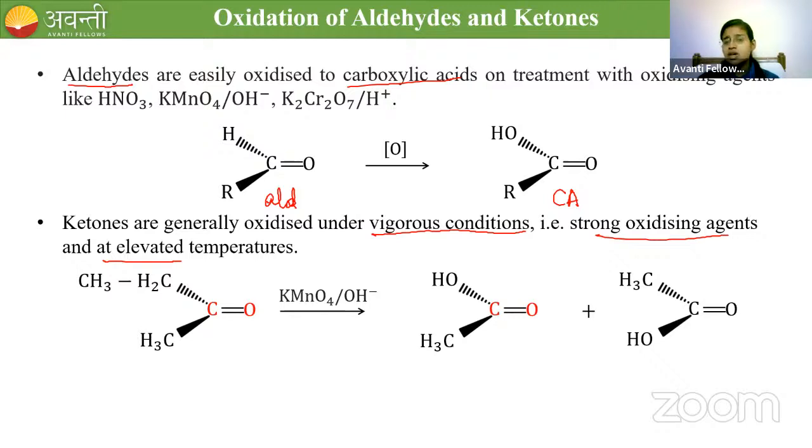It is because oxidation is very difficult for ketone. I have already told you, right? The reactivity is more for aldehydes compared to ketones, as we studied for nucleophilic addition. The same thing applies for oxidation also.